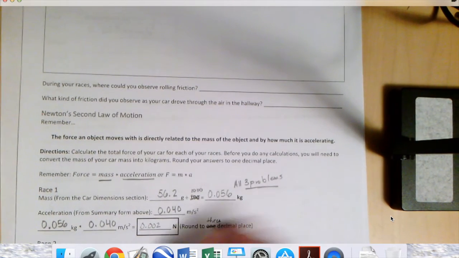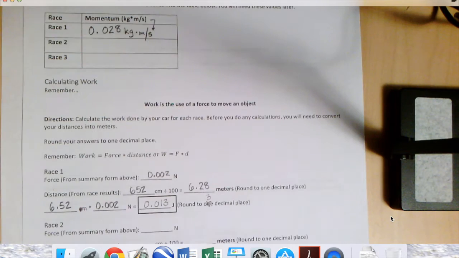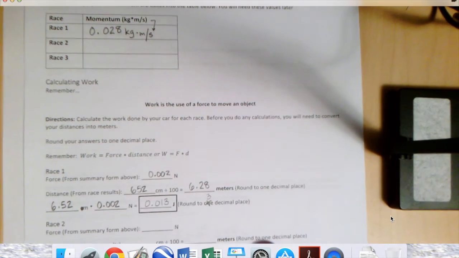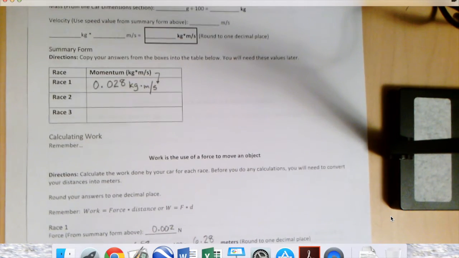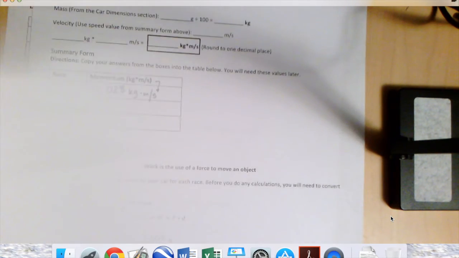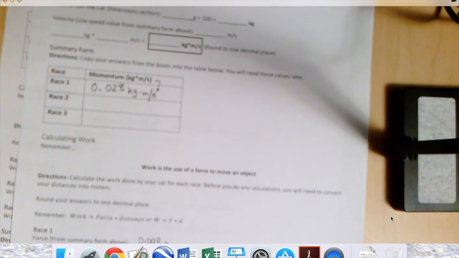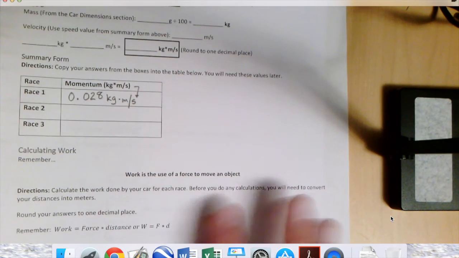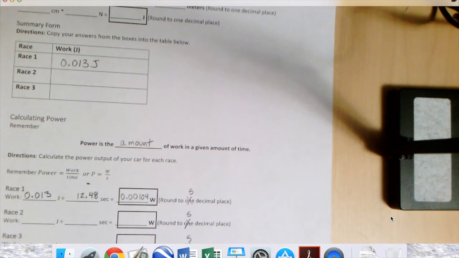We used Newton's second law to determine force. We also determined the momentum of our car, and we looked at Newton's third law in action. Using all the information we've created thus far, we've determined the amount of work done by our car for each race, and also the amount of power needed to run our car for each race.